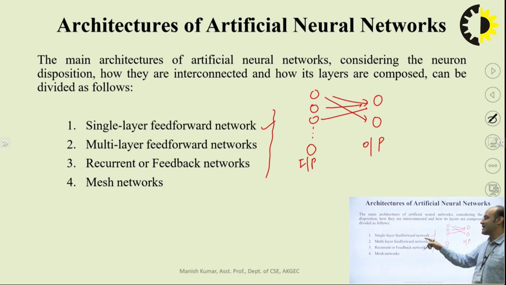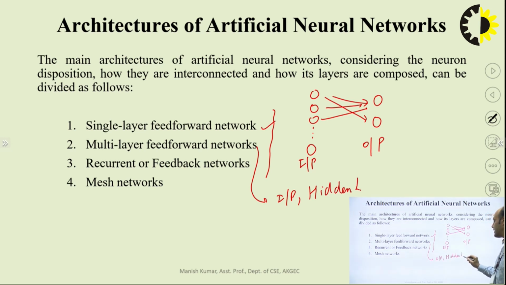This is called a single layer feed forward network. In the multi-layer feed forward network, we have an input layer, a hidden layer, and an output layer.